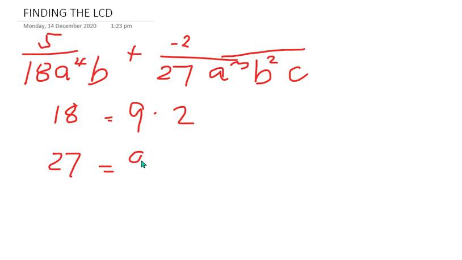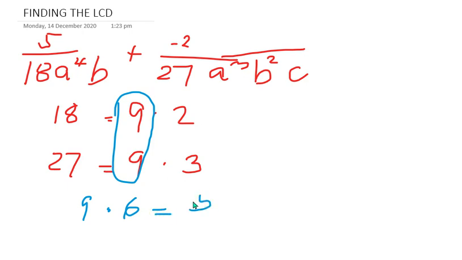This is 9 times 3. And then, this is considered one pair. So, we have 9 times, and multiply the remaining numbers. 2 times 3 is equal to 6. So, therefore, multiply. So, the LCD between 18 and 27 is 54.